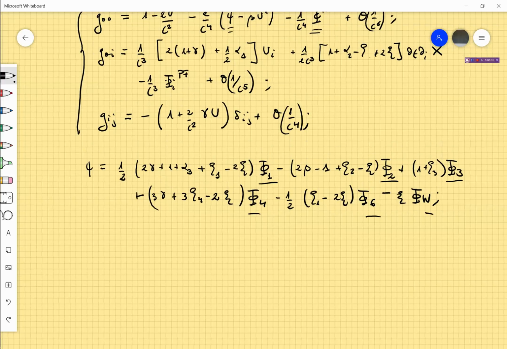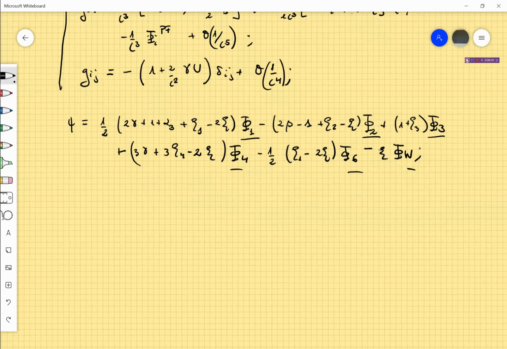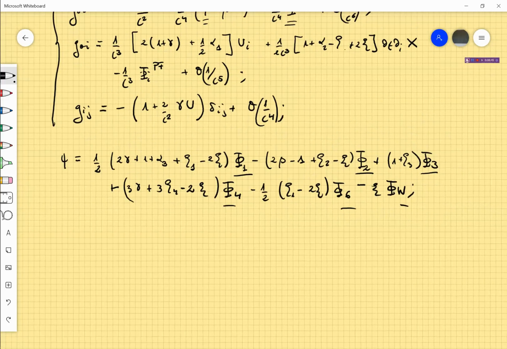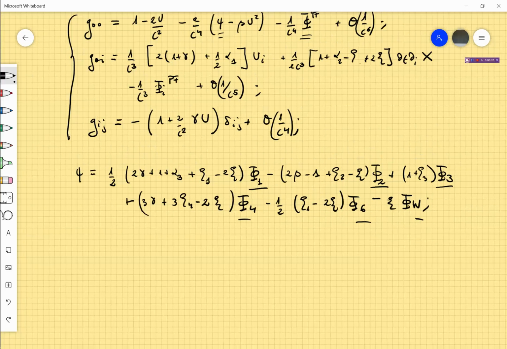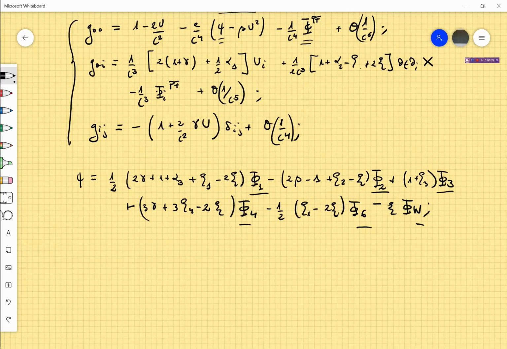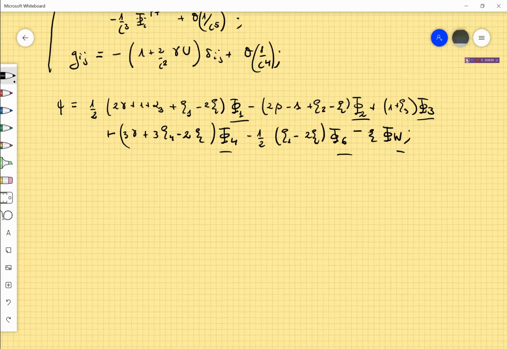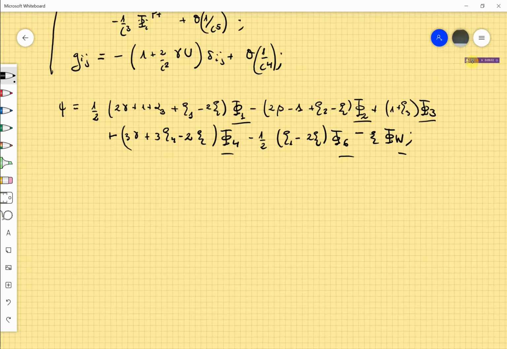Then the formalism is completed by giving you the expressions of these potentials in terms of the variables that appear in the energy momentum tensor in the Newtonian approximation. Remember that U is given by G times this integral, so the solution of the Poisson equation.